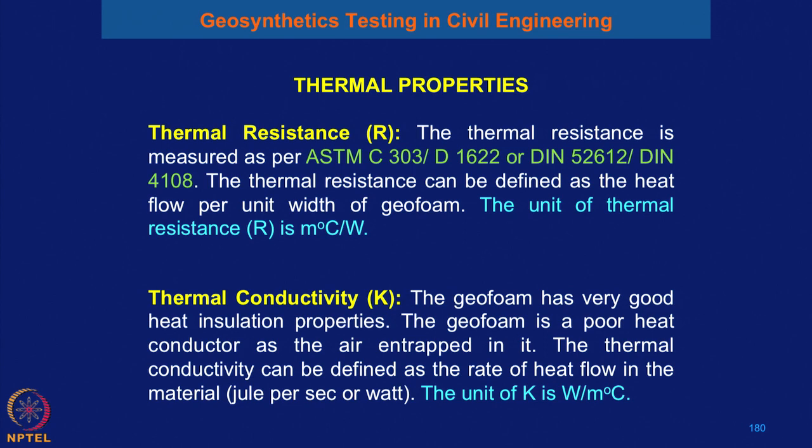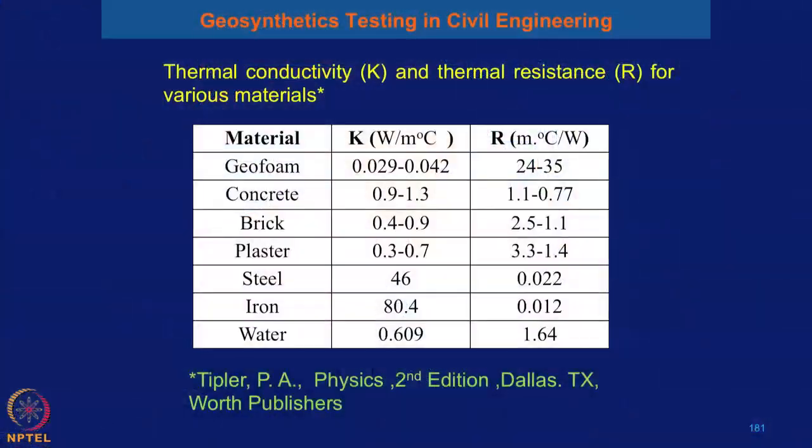I will just show you one of the slides, showing the thermal conductivity K and thermal resistance R for various materials. You can obtain the thermal conductivity of different materials: geofoam, concrete, brick, plaster, steel, iron and water.